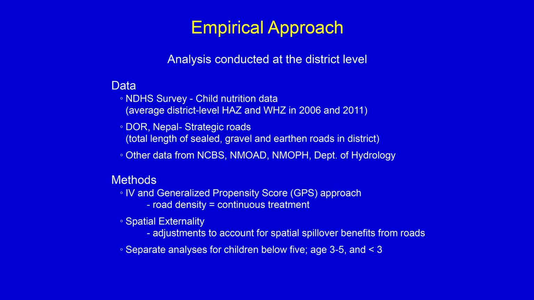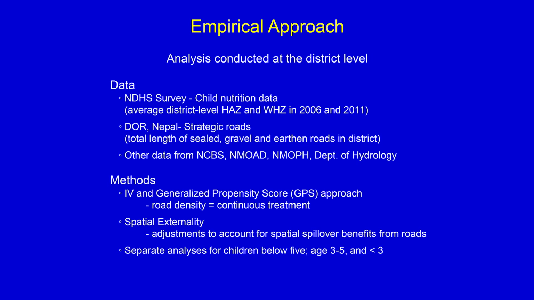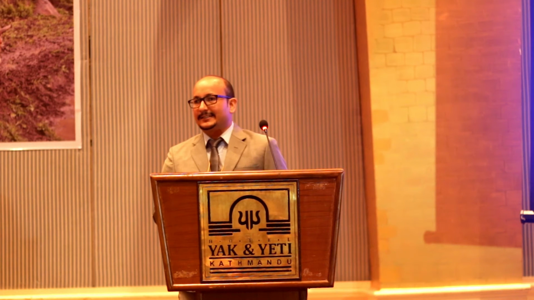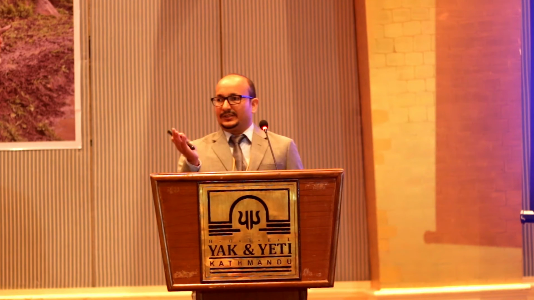And we conducted separate analyses for children below 5, between ages 3 and 5, and below 3, because child growth can be differentially sensitive to overall conditions at different ages. So we are trying to see whether there is any such difference or not.